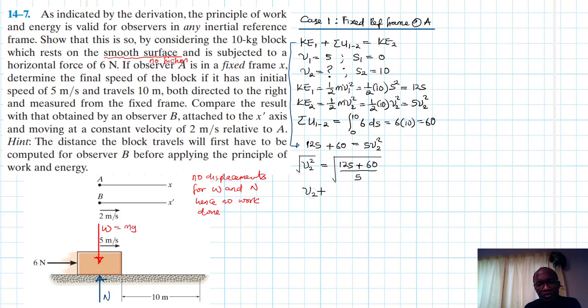We have V2 equal to 6.08 meters per second. Okay, so let's move on to the second step.